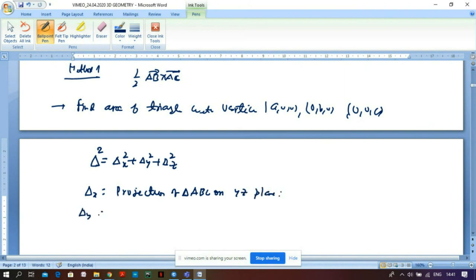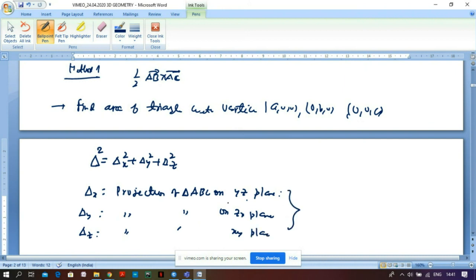Similarly, delta y is the projection of same ABC on, now x was there, x is missing here, y is there, y is missing, so this is on ZX plane. And similarly, delta z is projection of this on XY plane.